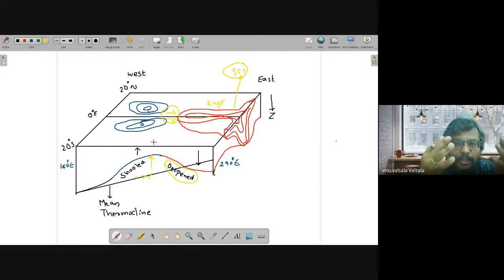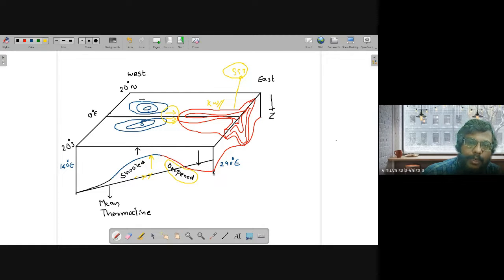Now the story of the delayed oscillator theory starts. What happens? The waves propagate in both directions. They hit the coast at the eastern boundary. They hit the coast at the western boundary. They reflect back and they meet each other in the center. So what will happen when they reflect?